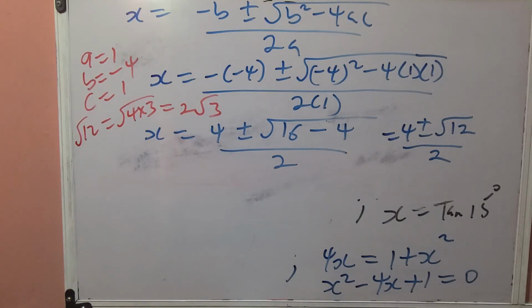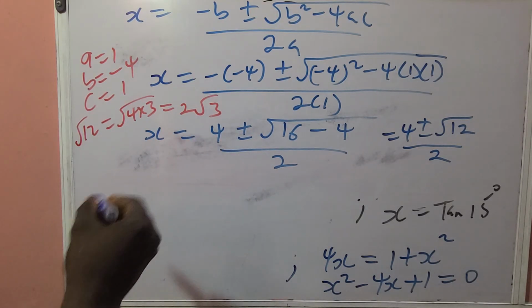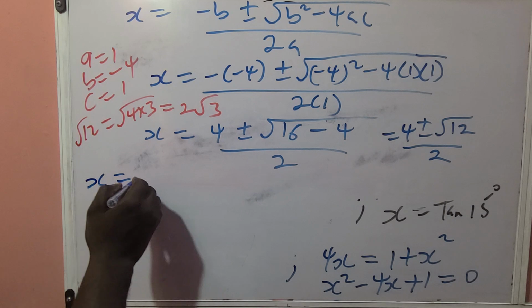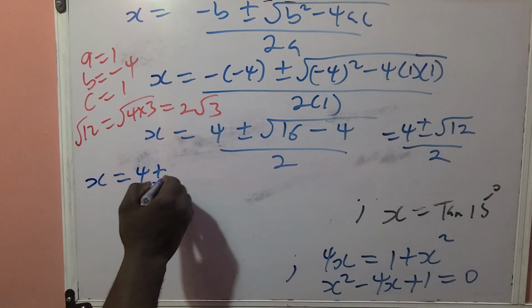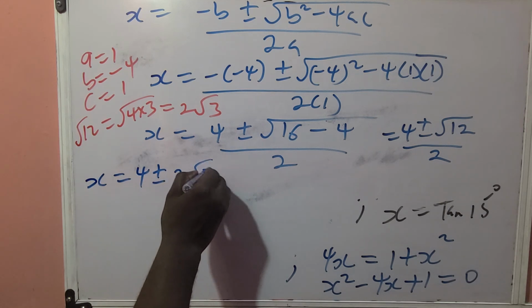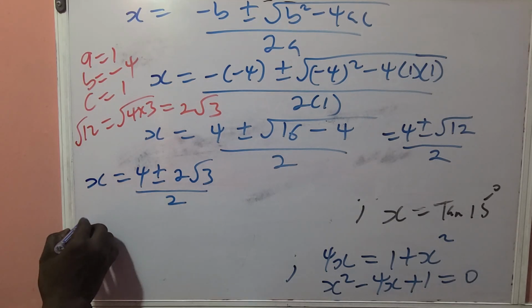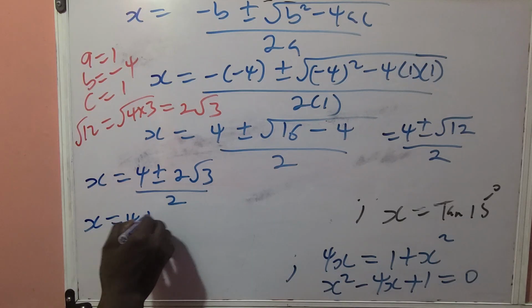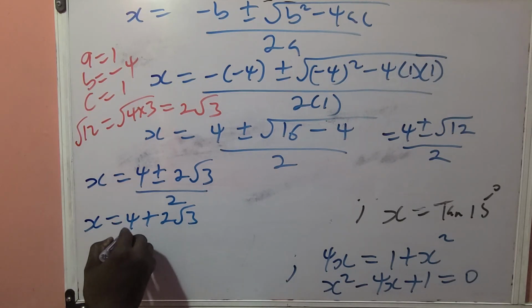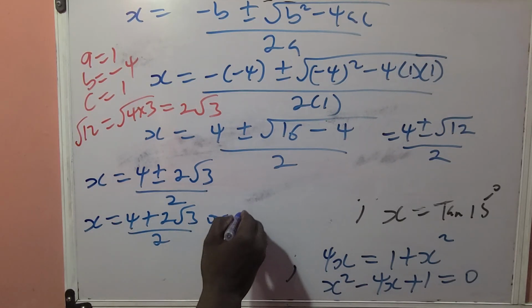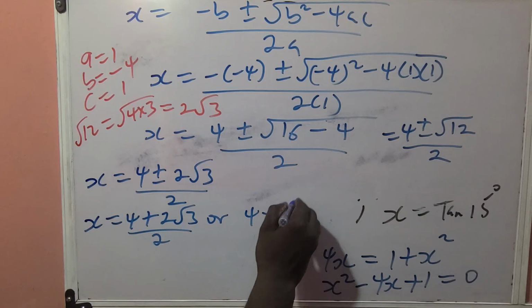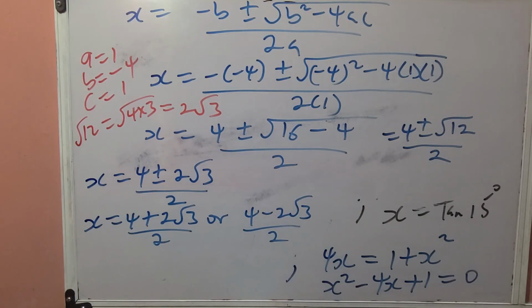So my x now will be equal to 4 plus or minus 2 root 3, everything over 2. If I decide to split this up, my x will be equal to 4 plus 2 root 3 over 2, or 4 minus 2 root 3 over 2.